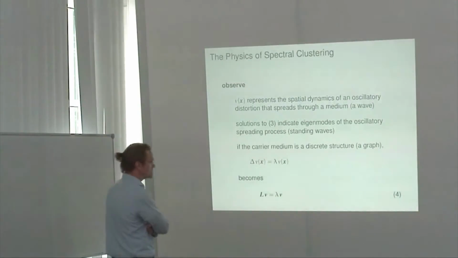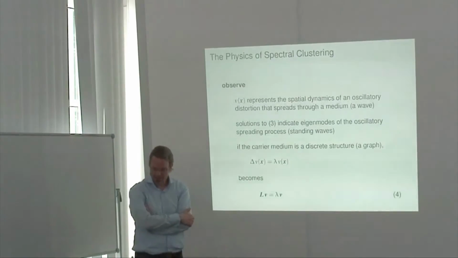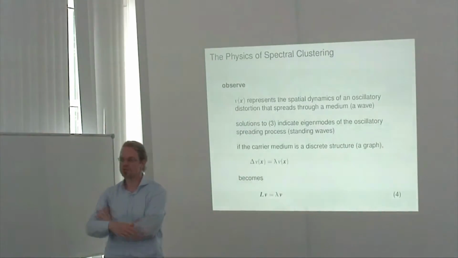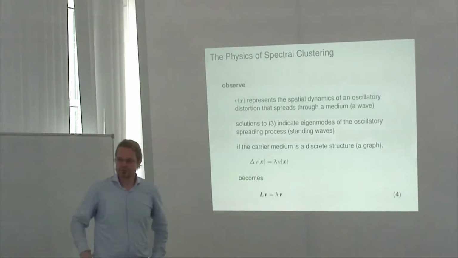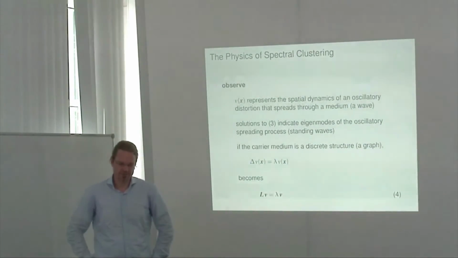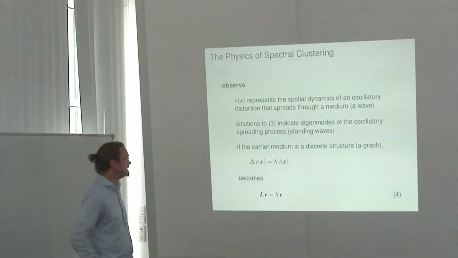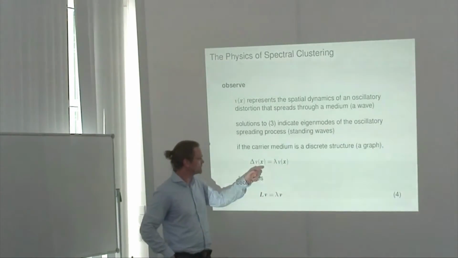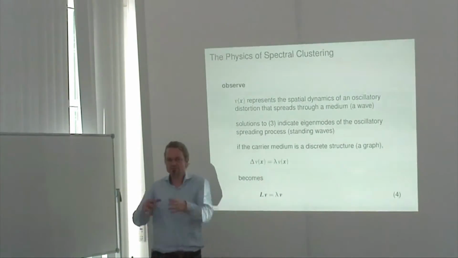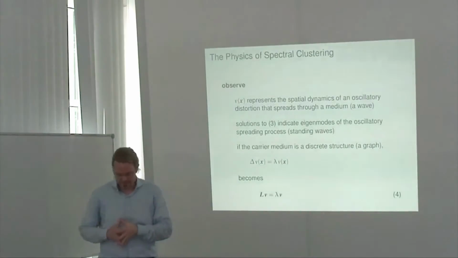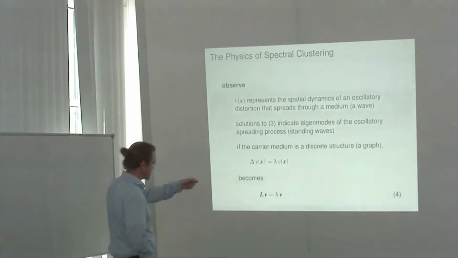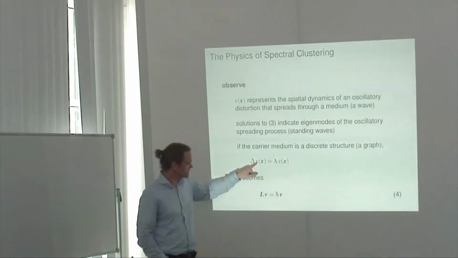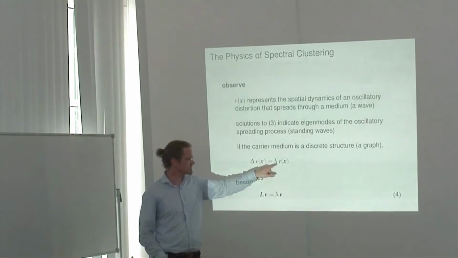And if the carrier medium is a discrete structure, say a graph, such as we saw in the pictures or videos, where we have these beads on a string, or these spring mass systems, or these vertices with edges in between, so if we are talking not about continuous functions but discrete functions, then what we worked out last time would translate to the Laplace operator applied to v of x, something continuous, equals lambda times v of x.